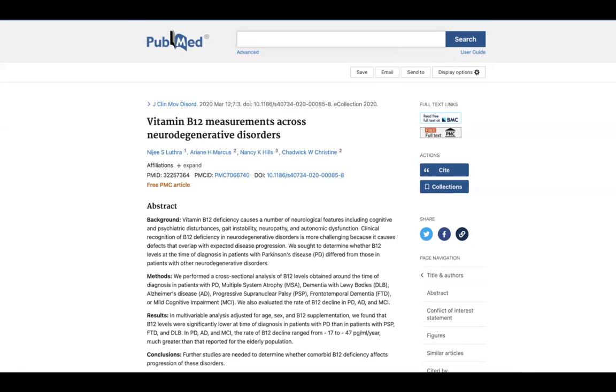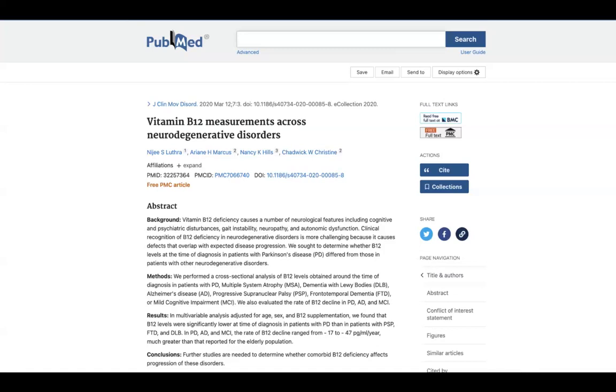This was a human observational study of cross-sectional design that had analysis of B12 levels in patients with Parkinson's disease and compared it to B12 levels in patients with other neurodegenerative diseases, such as multiple system atrophy, dementia with Lewy bodies, Alzheimer's disease, progressive supranuclear palsy, frontotemporal dementia, or mild cognitive impairment.